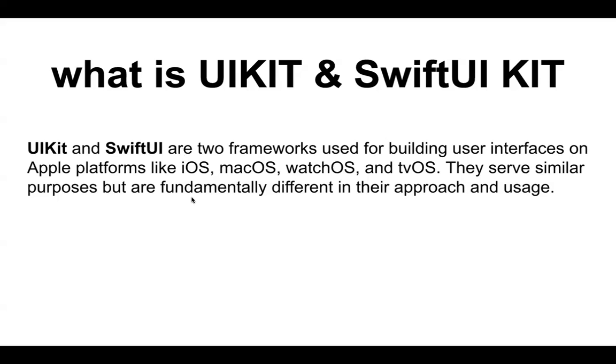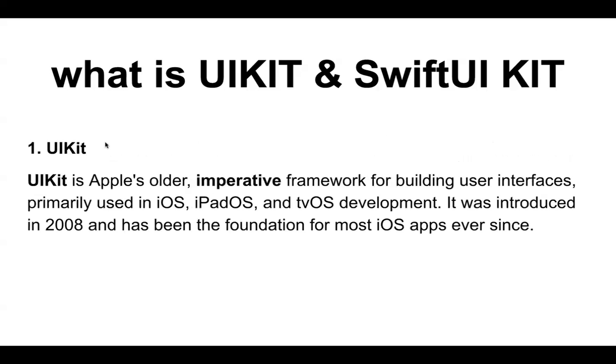Sometimes, in terms of UI representation, we can easily use these two tools. Okay. And next one, I'm giving a little bit of detail. What is the main advantage of UIKit and SwiftUI? So UIKit is Apple's older framework. Okay.